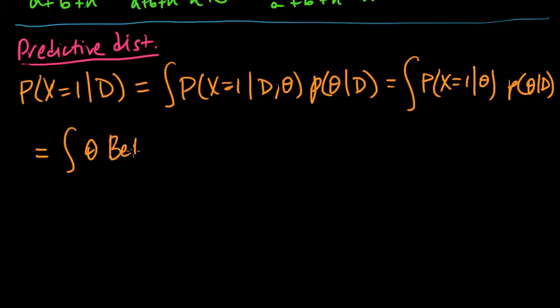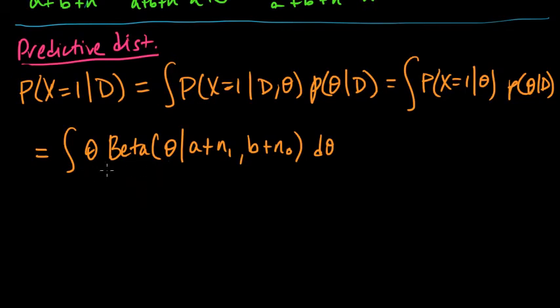And the posterior is this beta density, with parameters a plus n1 and b plus n0, integrating with respect to theta. And what is this?